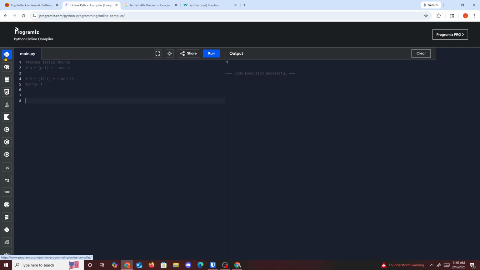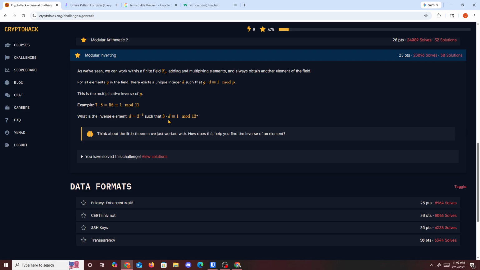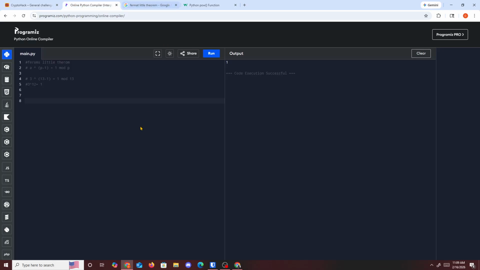And we have this part, which is 3 times d equals 1 mod 13. So 3 times d is equal to 1 mod 13, and we're trying to solve for d.